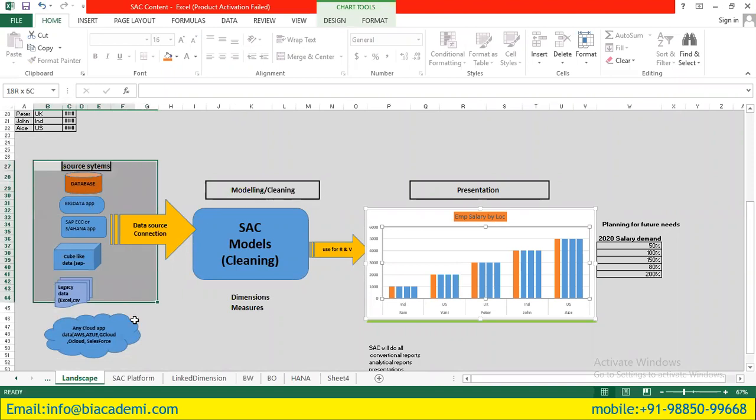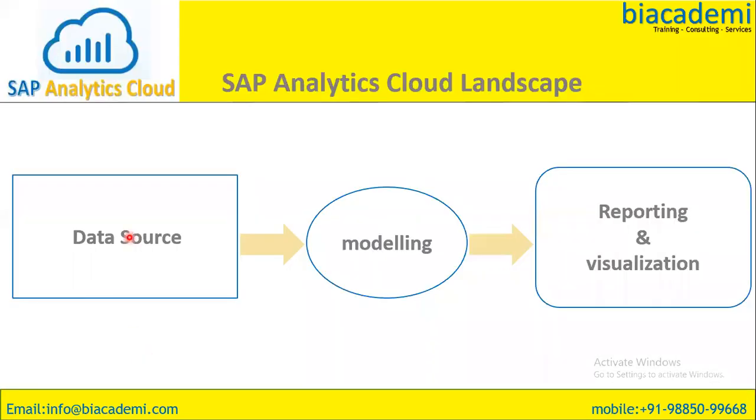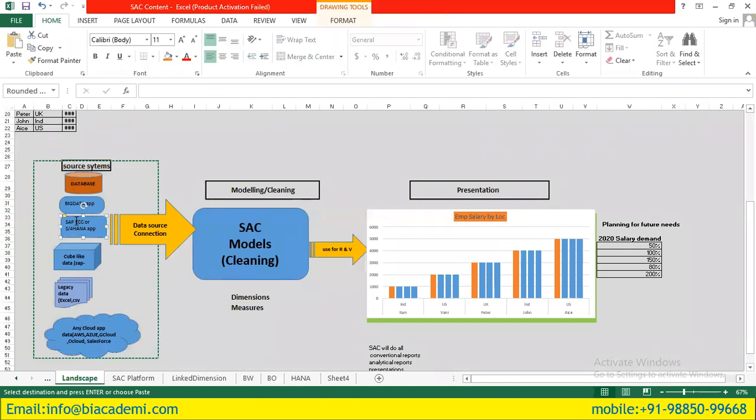You can see here the data source part, with the different source system categories. A data source can be a database category, a big data application, an ECC application, or any SAP application, ECC or BW, or HANA. It can be a cube, like a BW cube, Oracle cube, or Teradata cube, any multi-dimensional system.